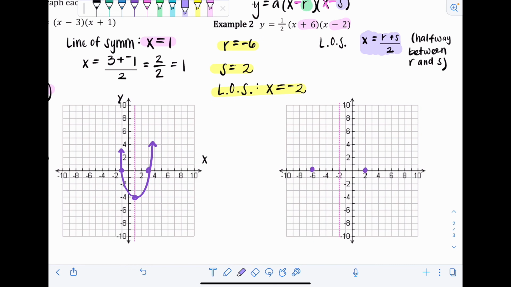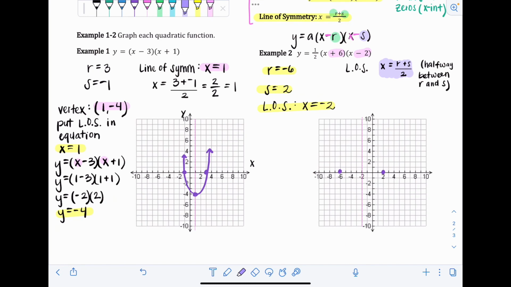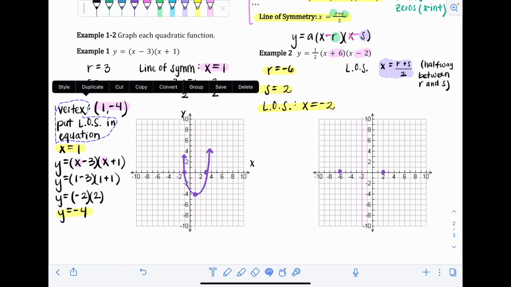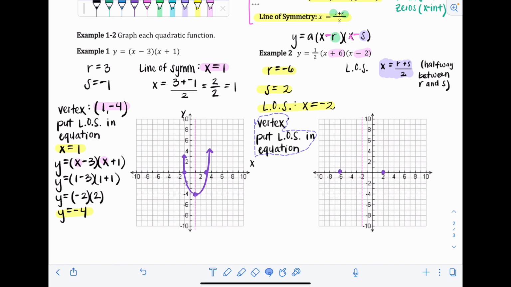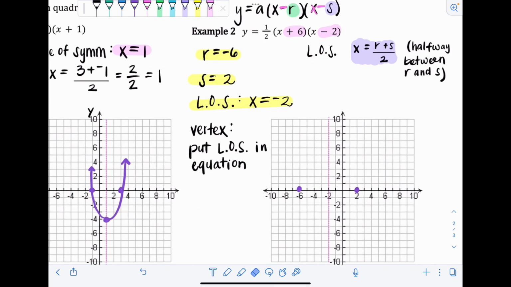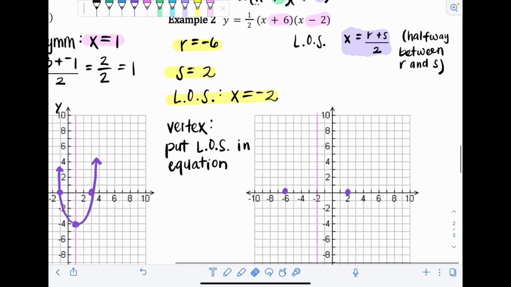Okay, so I'm going to go back to example 1 really quick. We have to repeat this process to figure out what our vertex is. To find the vertex, we have to put the line of symmetry into the equation. The line of symmetry in this case is x equals -2, the value we found. So I'm going to copy down the equation really quick.